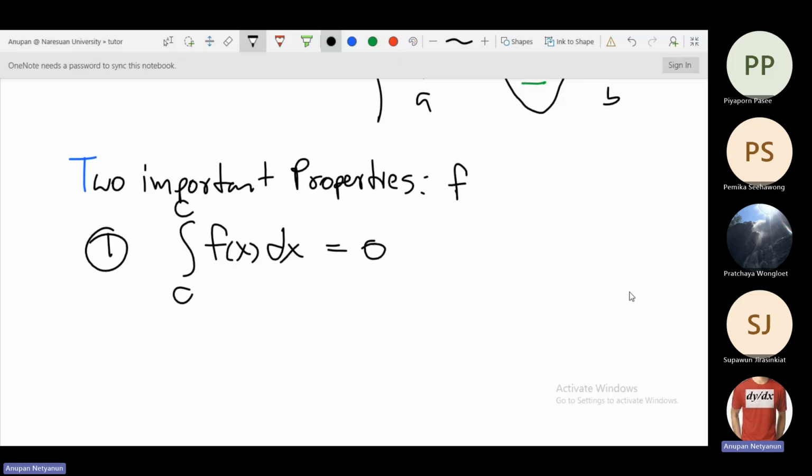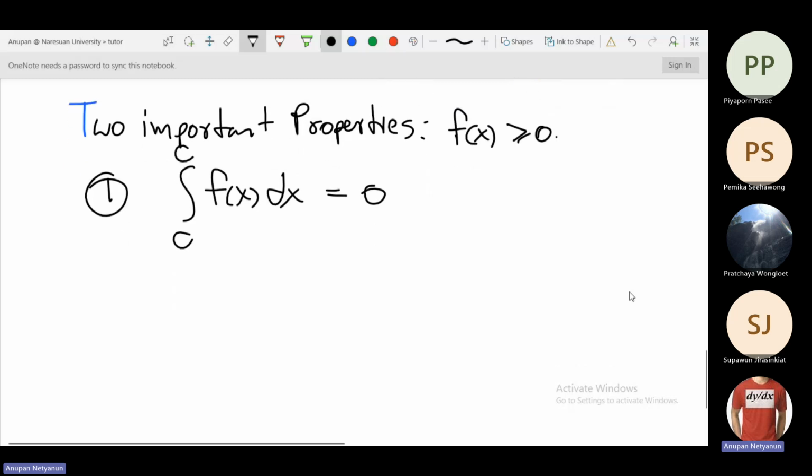From now on, I'm going to give you examples when f is above the x-axis. I'm not going to talk about when f is below the x-axis or the mixed situation. If it's true for this case, it's true for any other case. So in this case, you have a function like this, above the x-axis. Now, you find the definite integral from c to c.